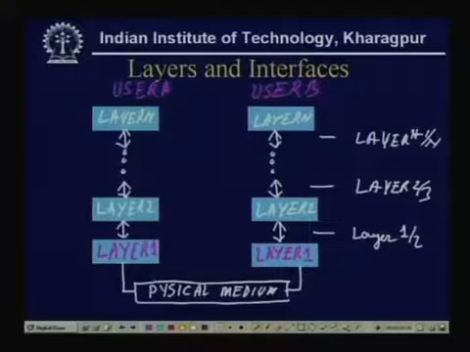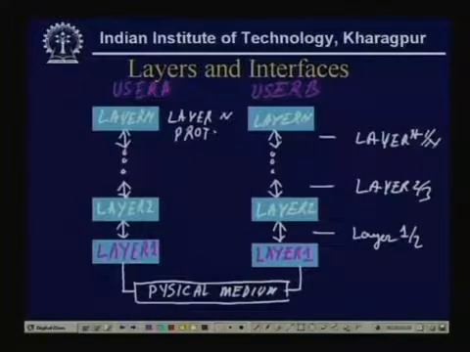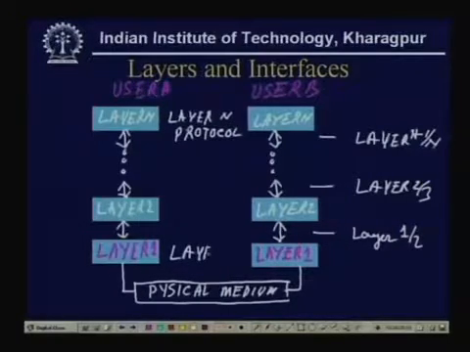And each layer will have some protocols, and this is known as layer n protocol, layer n protocol. As we shall explain in more detail what we really mean by protocol, and here for example is layer 1 protocol.